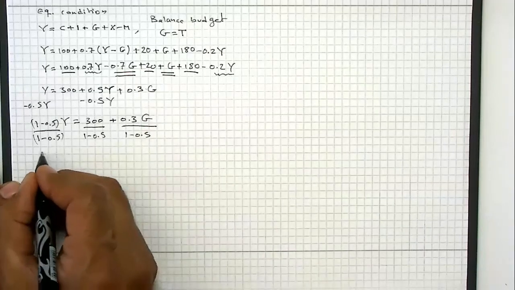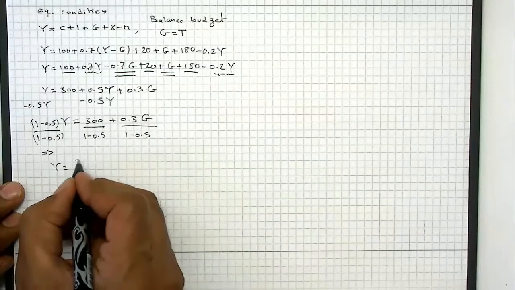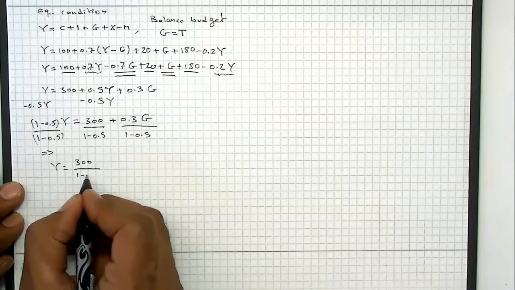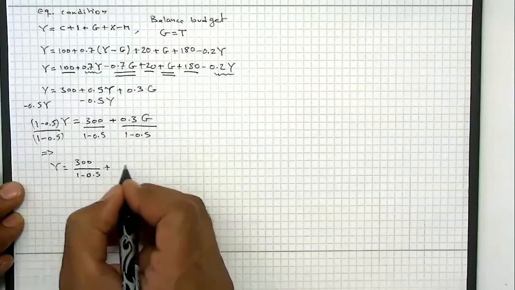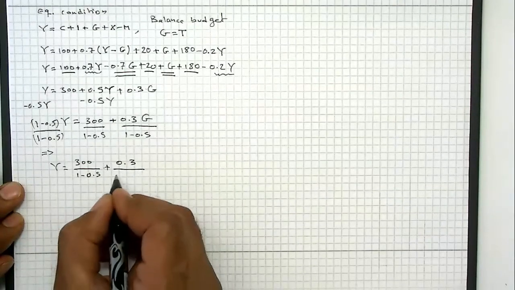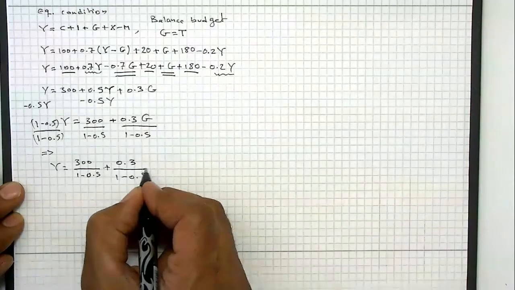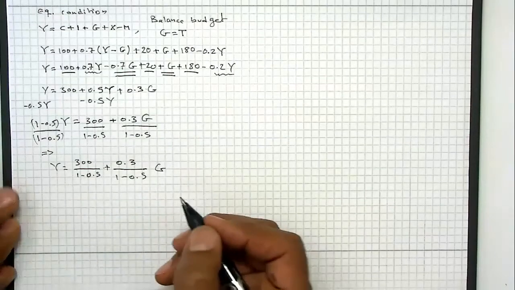So I will have this equation: 0.3 divided by 1 minus 0.5, times g.